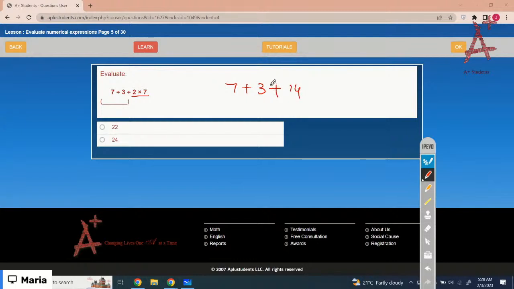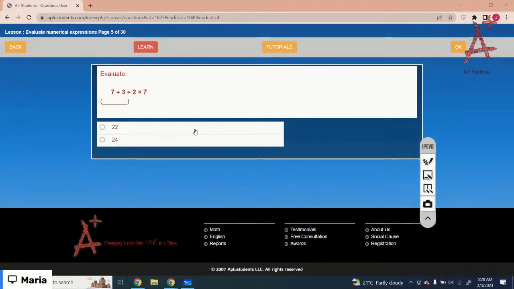So 7 plus 3 is 10, and 10 plus 14 is 24. So the correct option is 24. Select the correct option, then click on the OK button. 24 it is, sorry, not 22.